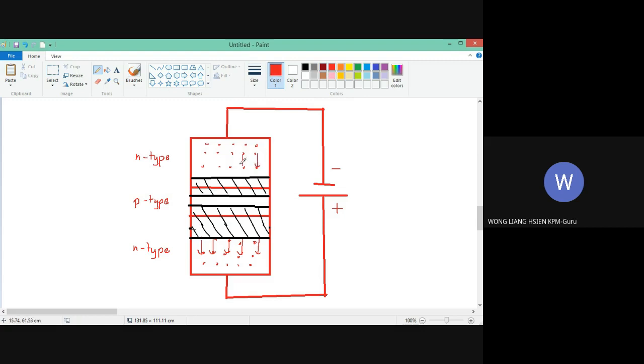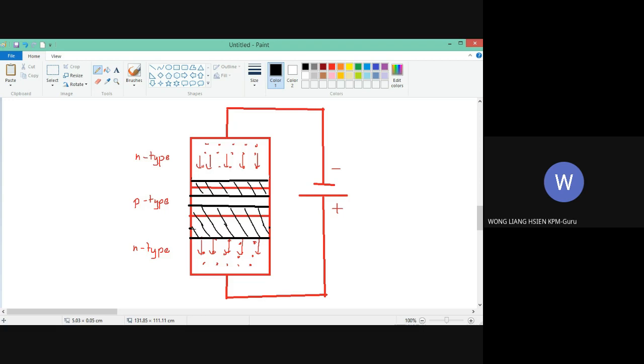So the diffusion layer on this side becomes smaller.